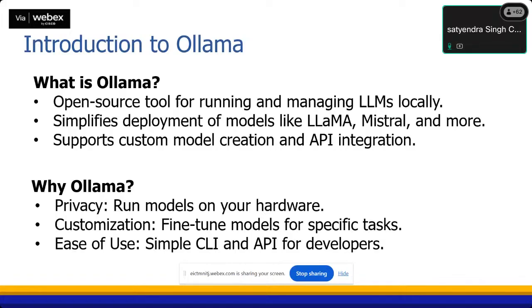Ollama is basically an open source tool, and the key feature is that it allows you to run large language models locally on your machines. It is ideal for creating custom AI assistants without relying on cloud services, which ensures privacy and offline access.